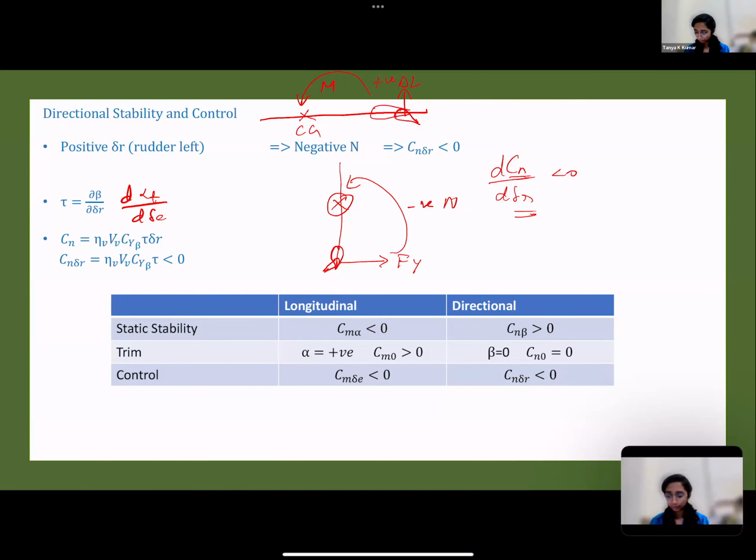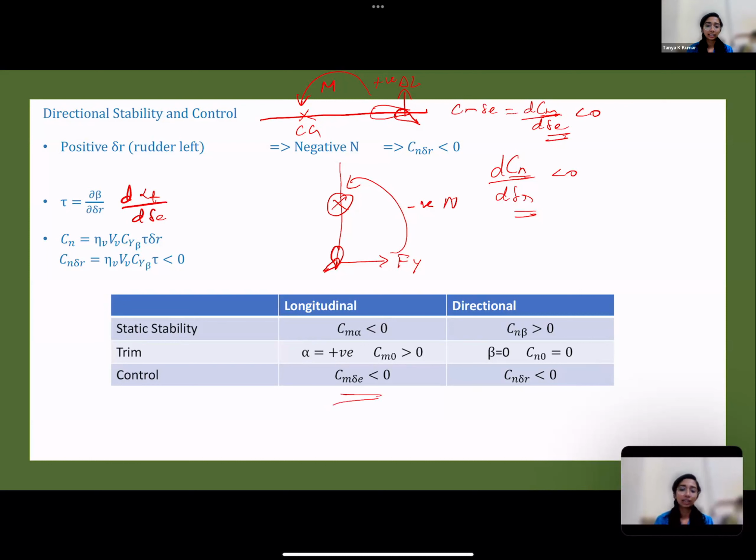Negative, correct. So positive deflection of elevator produces negative pitching moment, which is why your Cm delta E, which is dCm by d delta E, is negative. For positive elevator deflection, Cm is negative. So that's why your Cm delta E is negative. So that is the control derivative.